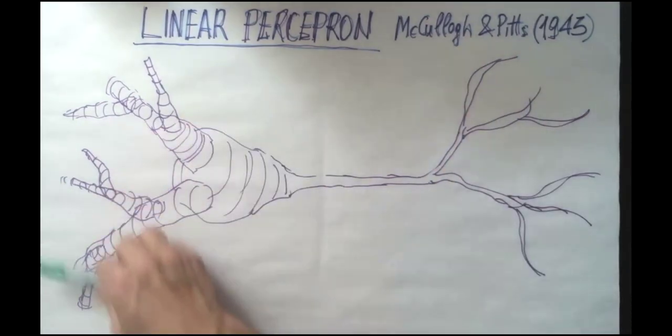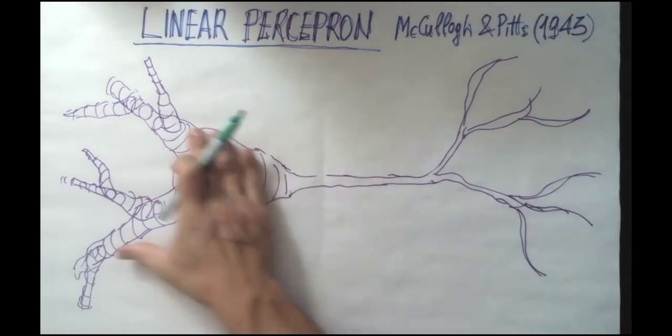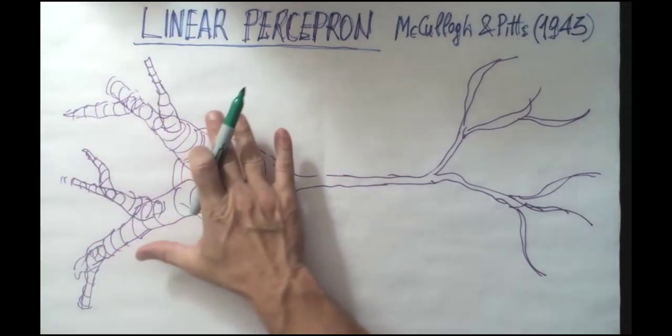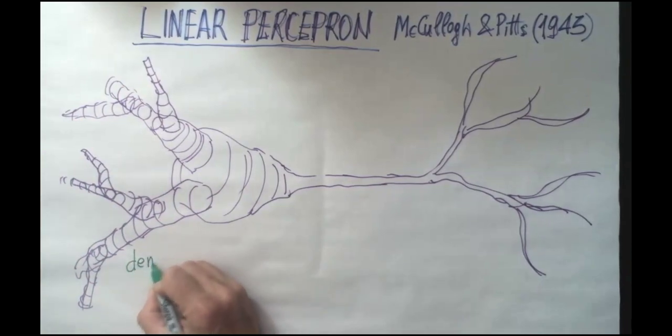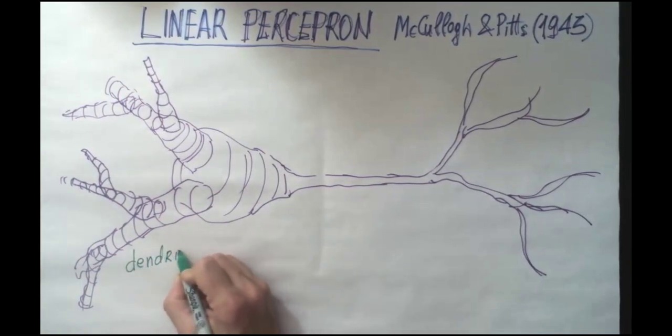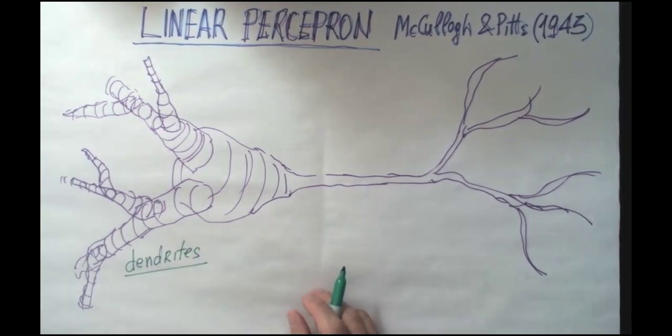Here is a sketch of the anatomy of a neuron. You can see this part here, which is called the dendrites, which comes from the Greek meaning a tree.